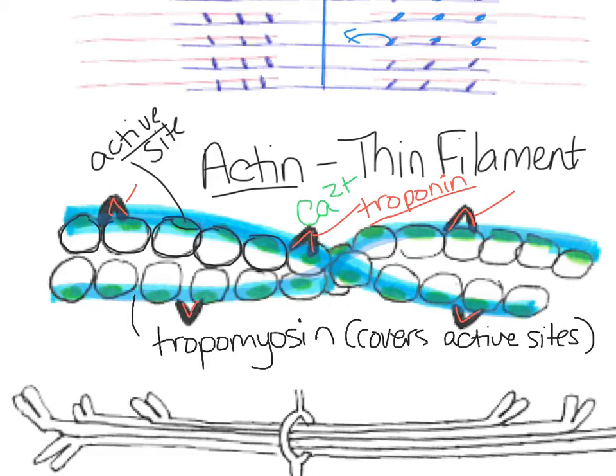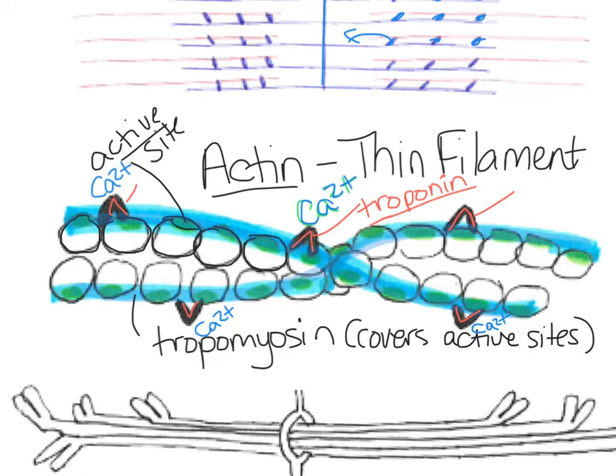So calcium can bind. Do a different color. Calcium can bind to the troponin. And when calcium binds to troponin, it changes the shape, changes the molecule, and the tropomyosin rolls away from the active sites.